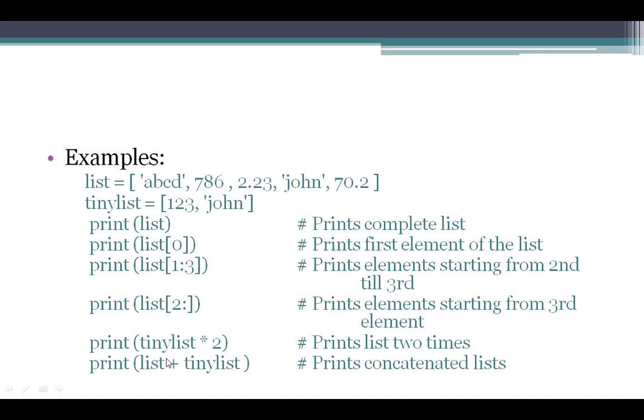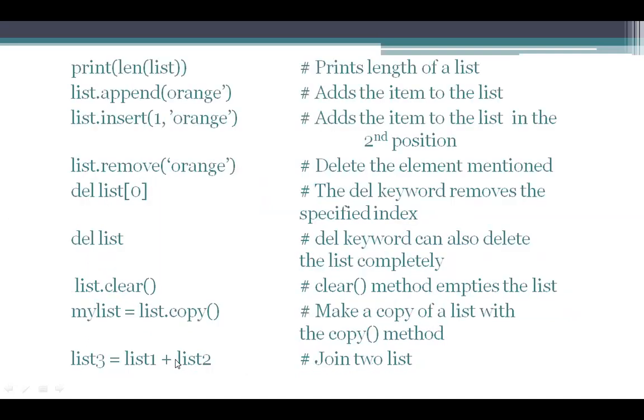We can add lists with the concatenation operator, find the length of the list with the length function, and add a value with the append function. We can insert an element by specifying the index, so that at that particular position the element will be added in the list.